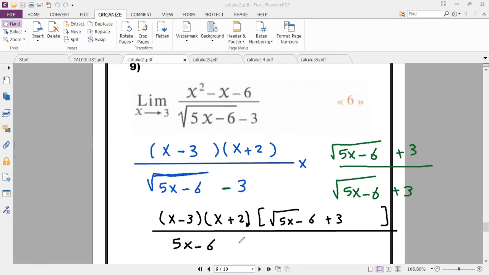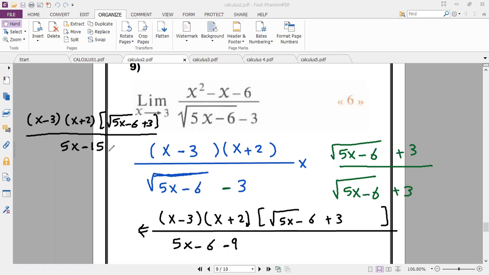And negative 3 multiplied by 3, it's negative 9. Okay. What is the next? So write the top as it, and we will complete down here. So it's x minus 3 multiplied by x plus 2 multiplied by the square root of 5x minus 6 plus 3, all divided by 5x minus 15.